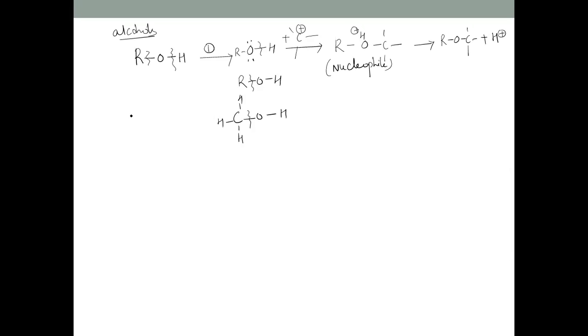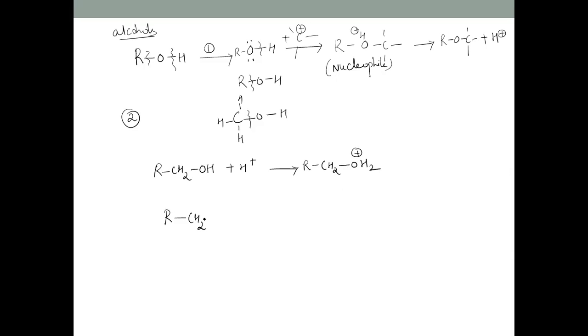And the second type of reaction is where the C-O bond is being cleaved, when protonated alcohols react in this manner. The alcohol undergoes protonation, resulting in the formation of this protonated alcohol, and this protonated alcohol will now act as an electrophile.